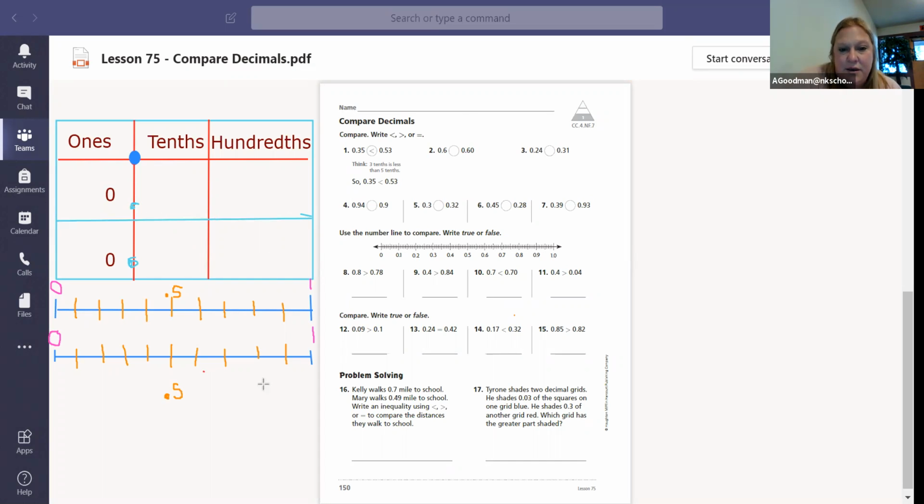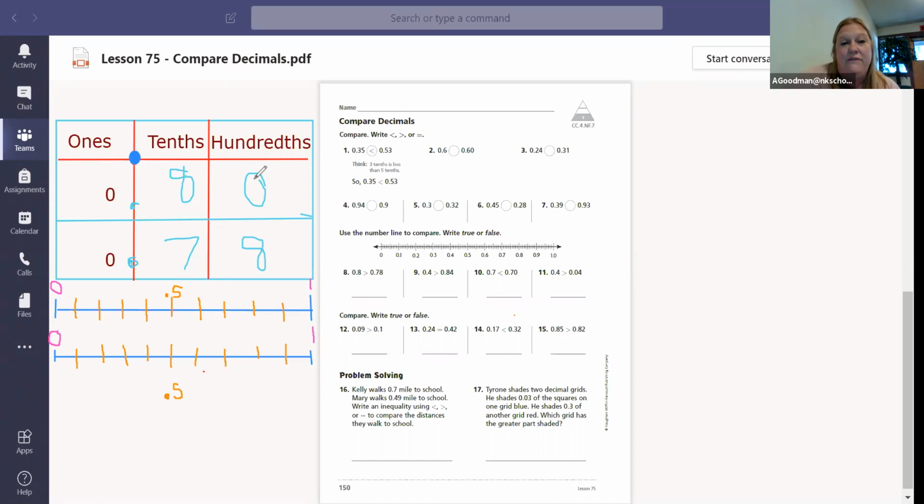There we go. So 0.8 and 0.78. I'm going to fill this in. So now we have 80 hundredths and 78 hundredths. They're saying, or 8 tenths versus 78 hundredths.